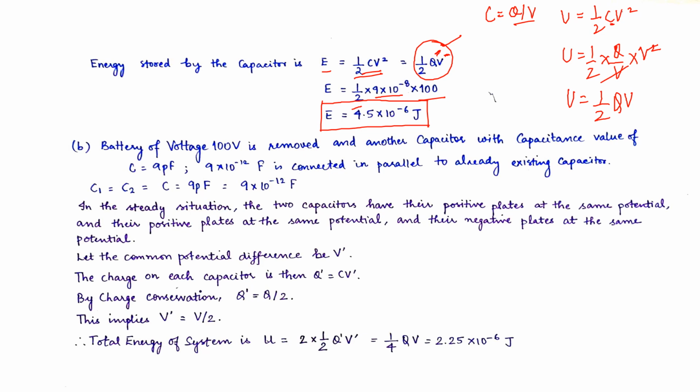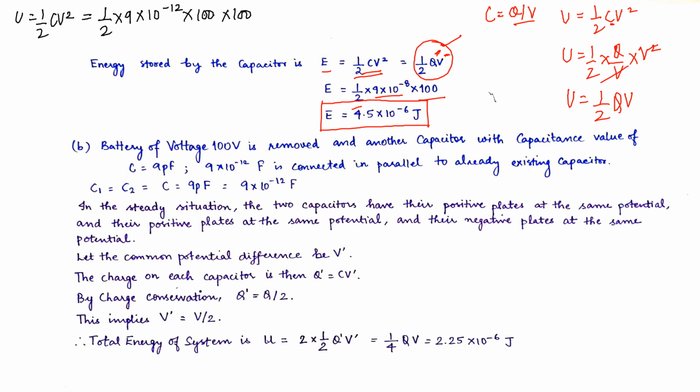In case we are taking C and V, we will get the same answer. I will solve it for you to understand it better. See, U equals to half CV square. Half into C is 9 into 10 to the power minus 12. V square is 100 into 100.